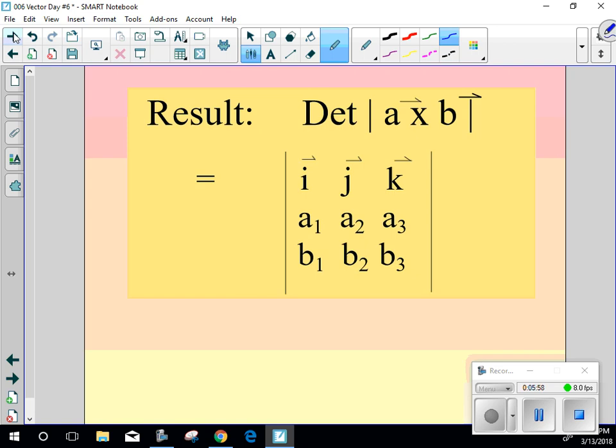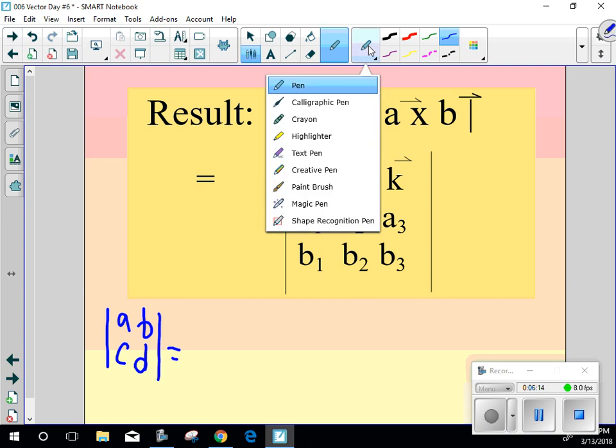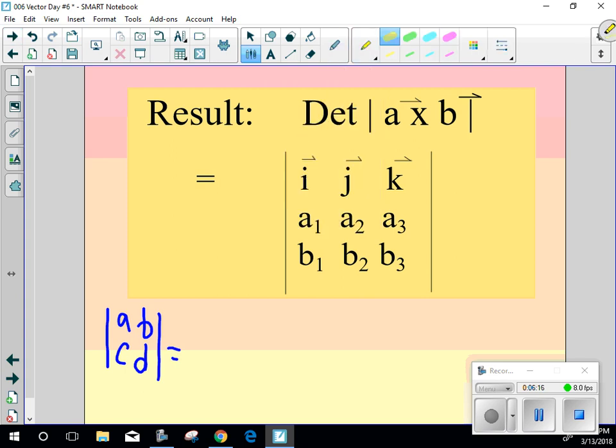We're going to use something called the determinant to figure it out. The determinant for a 3 by 3 is a rather complicated one. We're going to show you the determinant of a 2 by 2 first. This is going to be X marks the spot, like that.